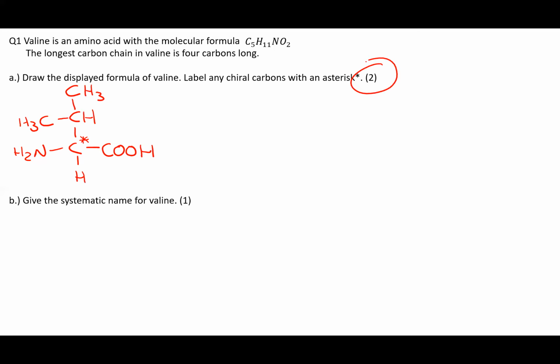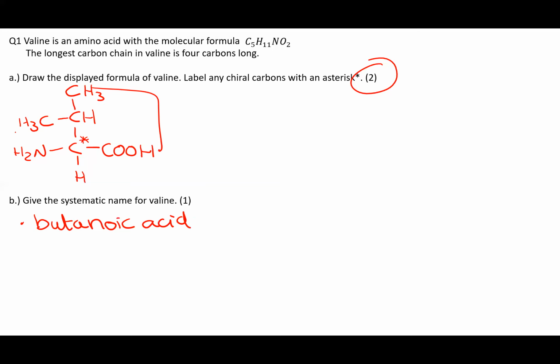And then you're asked to give a systematic name for valine. So we're 4 carbons long, attaching to the carboxyl group. So that would make the end part of it butanoic acid. Have we got any other groups coming off it?